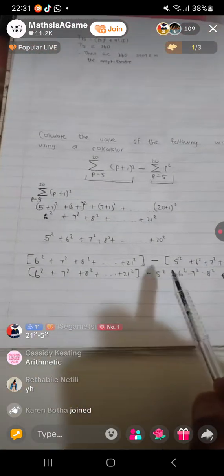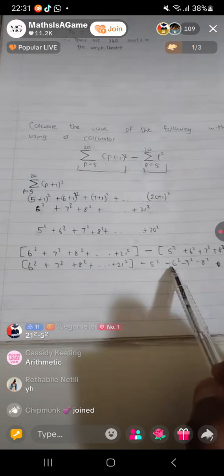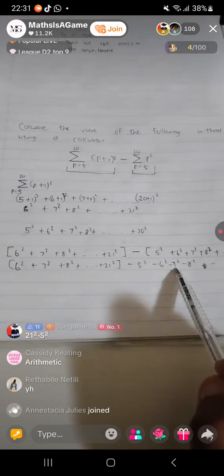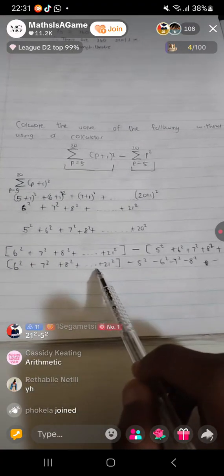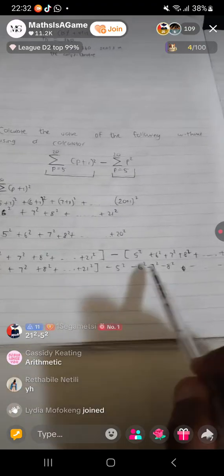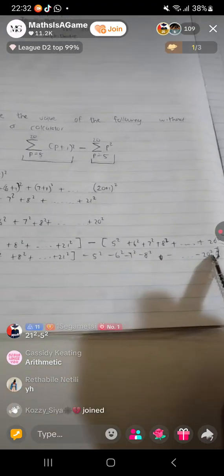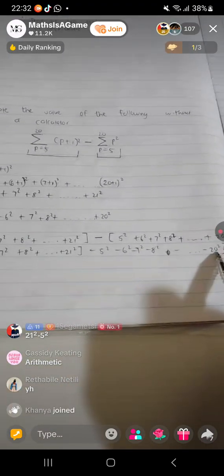This 6 squared is going to minus that 6 squared. That 7 squared is going to minus that one. Everything in between here is going to minus everything else in between, up until negative 20 squared.